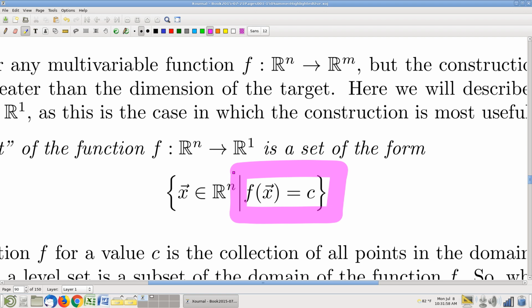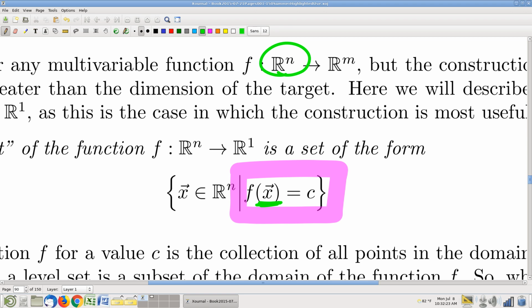Not here. Let's count variables in this equation. In this equation, I have only the variables from the domain. This is simply n variables. This picture that we're about to draw will be a picture in the domain, Rn. So not only are level sets different from graphs, they live in a different world from graphs.